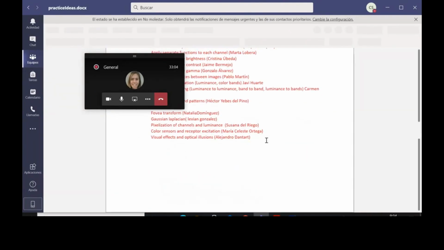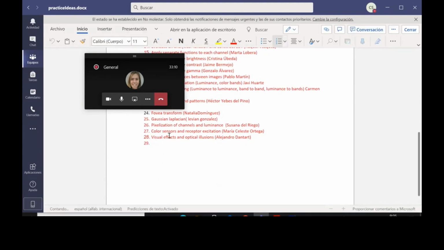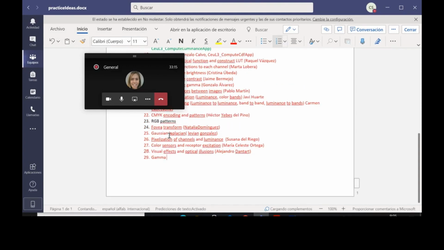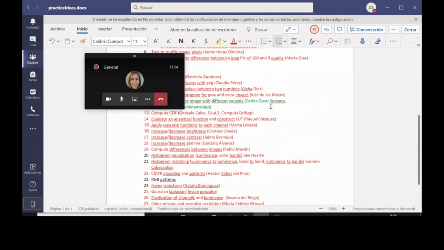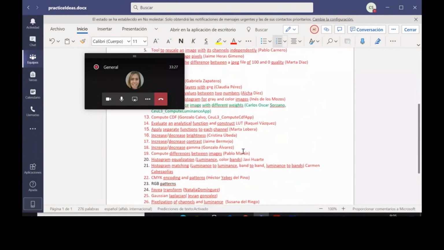Okay, so practices. You can compute, for instance, these gamma transformations. Are they organized by lectures? Yeah.